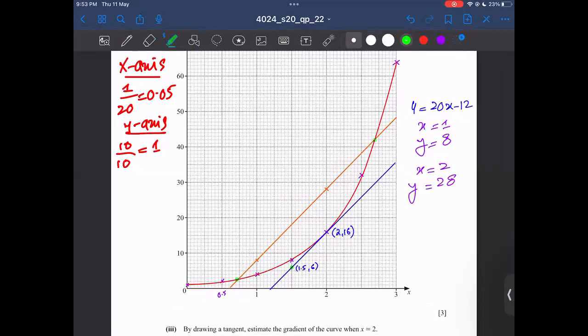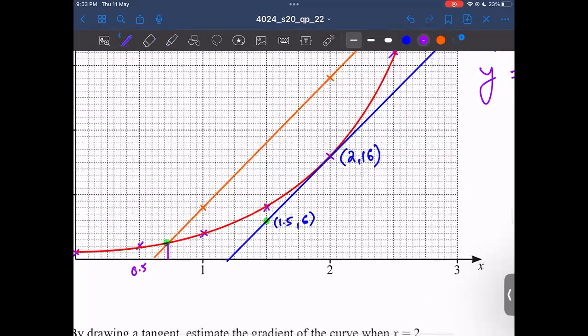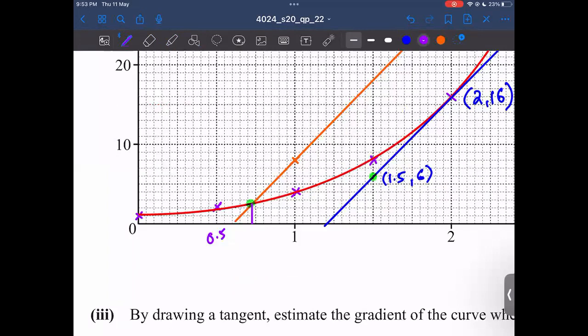What are the values? The value over here. See, one tiny small box is equal to 0.05 on the x-axis. So this is 0.6, this is 0.7, this is 0.8.